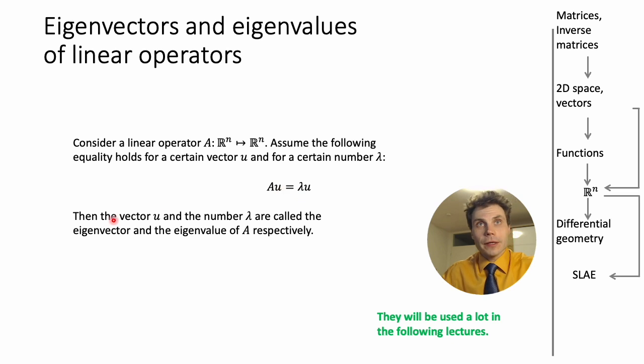Then the vector u and the number lambda are called the eigenvector and the eigenvalue of the operator A, respectively. The prefix eigen in German stands for proper. It's like a proper value of this matrix or this operator.